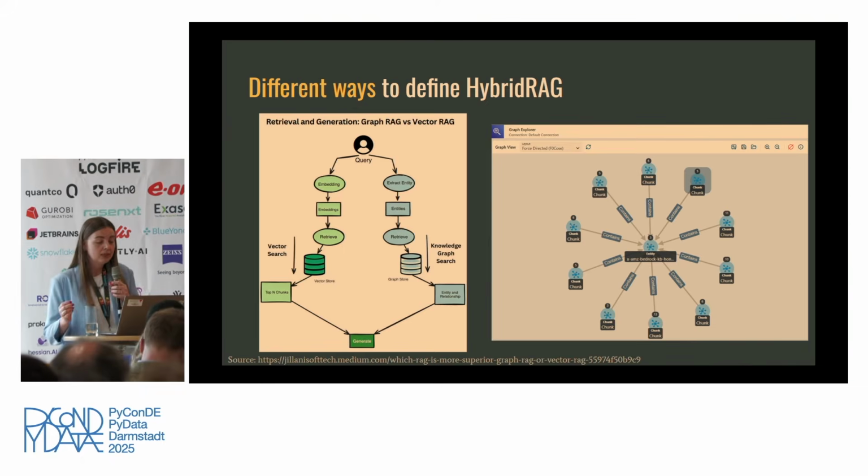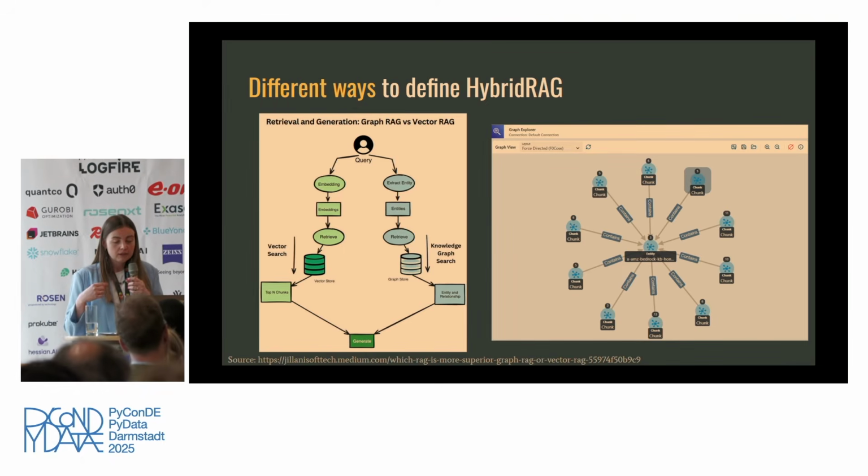For example, this is an example of an automatically built graph from raw documentation by AWS. And I hope you can see that inside these nodes there is not a terminology, not a word itself, but a chunk of a document.